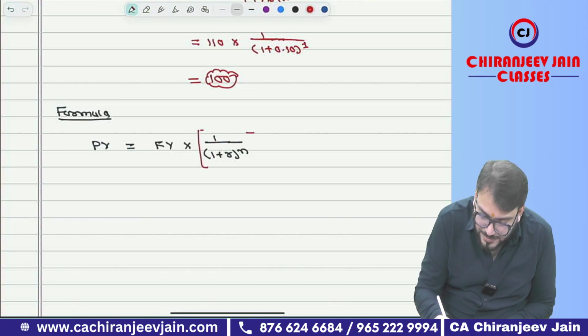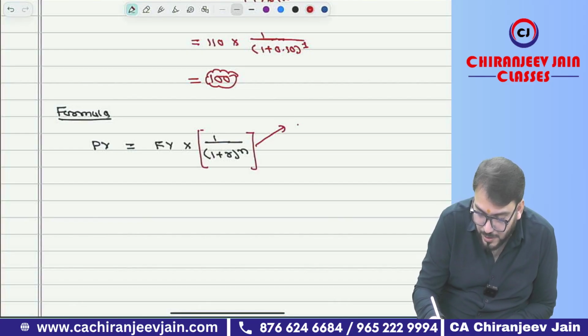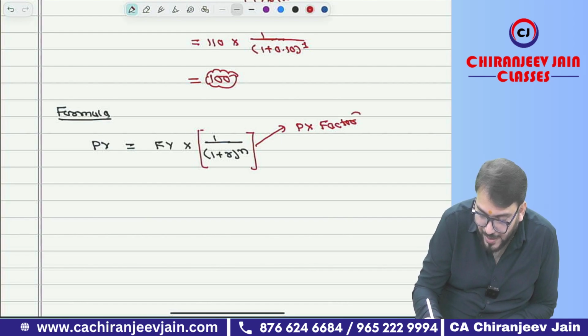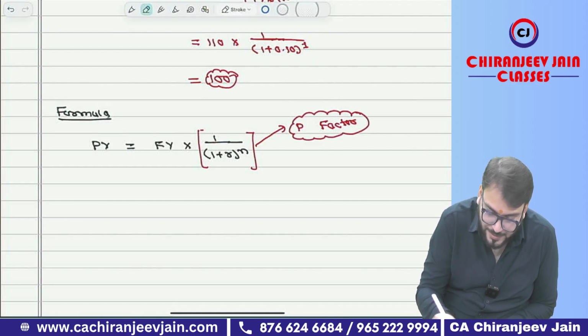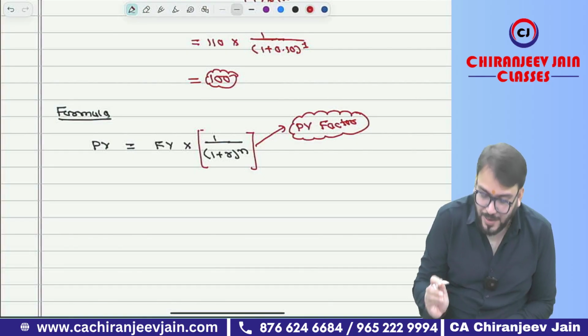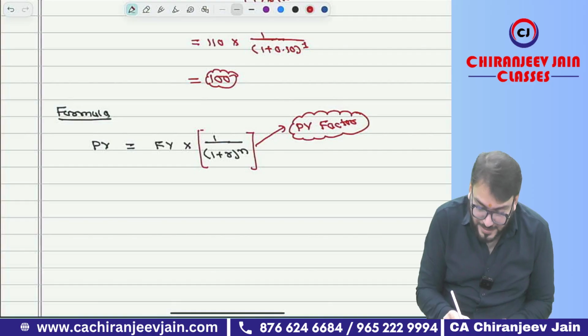And this is known as, in FM, we call it present value factor. Present value factor, PV factor. Understood?